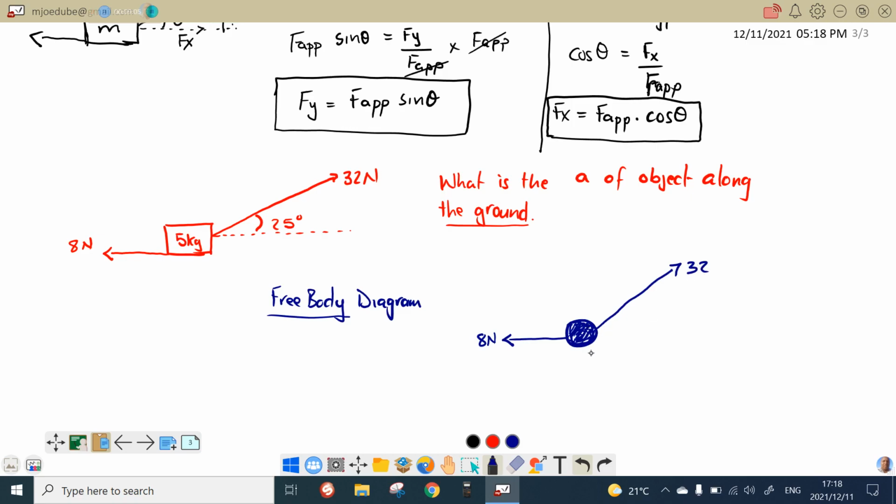When you draw your free body diagram as it is, you should only draw the net force, and when you draw the net force, you cannot include on the same diagram the components of that force.